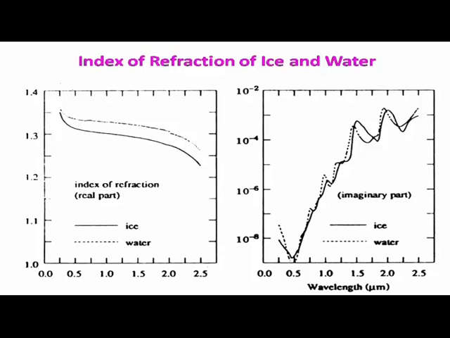But the imaginary part, which is also the absorptive part, shows a significant change throughout the wavelength. It is of the order of 10 to the power minus 9 to 10 to the power minus 2 or 3. So a lot of variation takes place in the refractive index of ice and water. You can see that the ice and water imaginary parts are almost parallel and coincide.